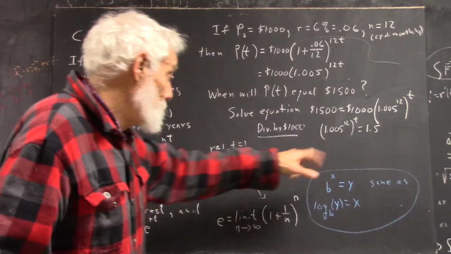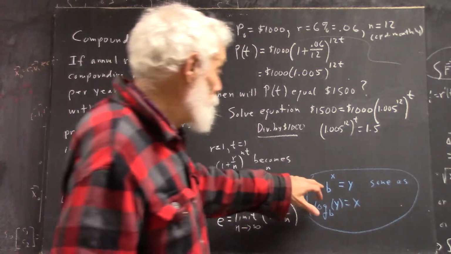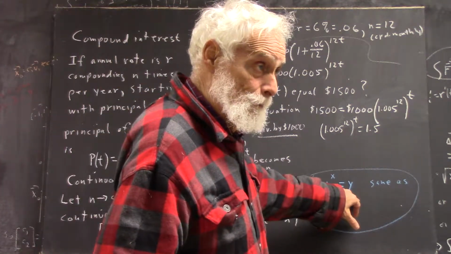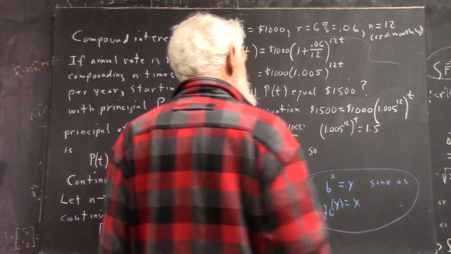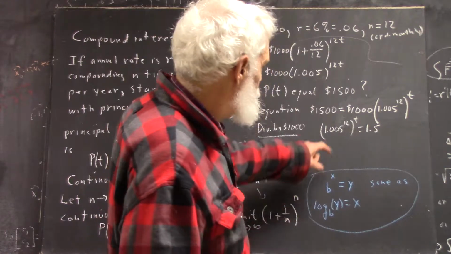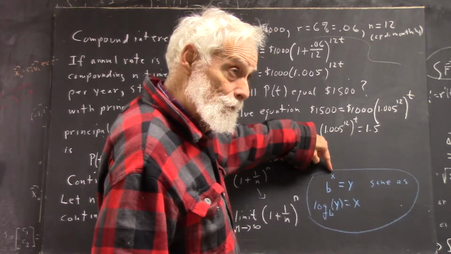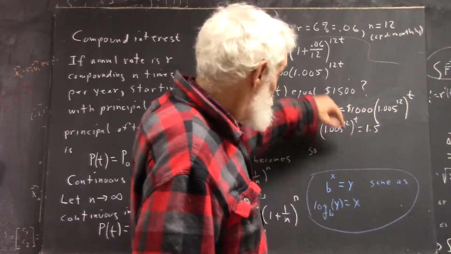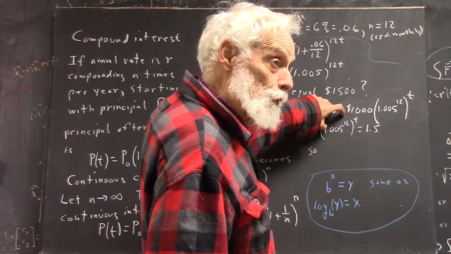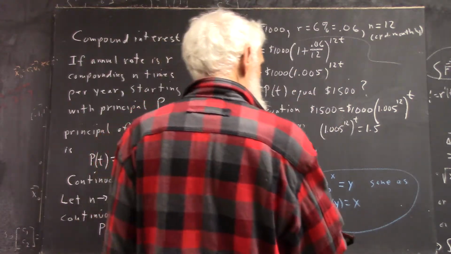Okay, so anyhow, we have this, right? Okay, well, that is in the form b to the x equals y. So switching it around, b is what? It's 1.005 to the 12th, right? And of course, instead of x, we have t, right? But b is this, for sure. That's the base of your exponential expression. Well, where does that go?